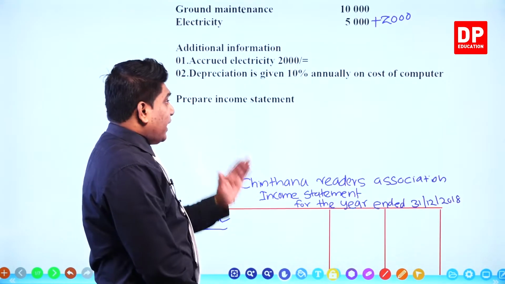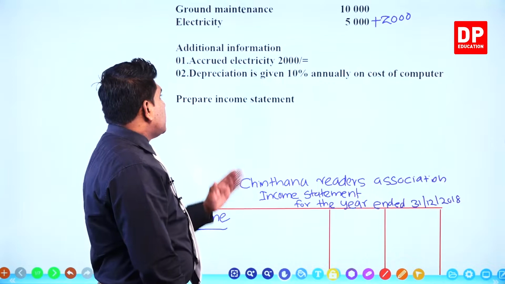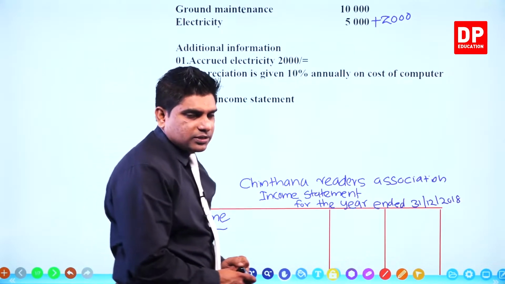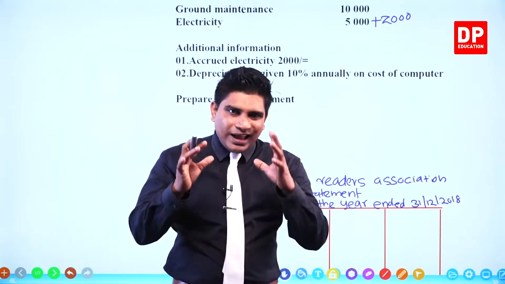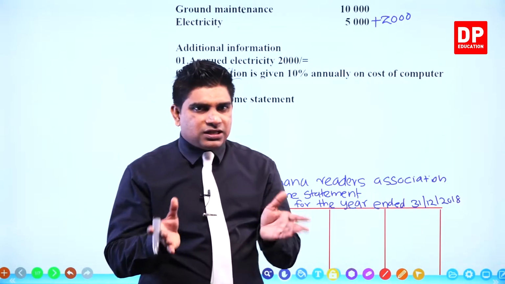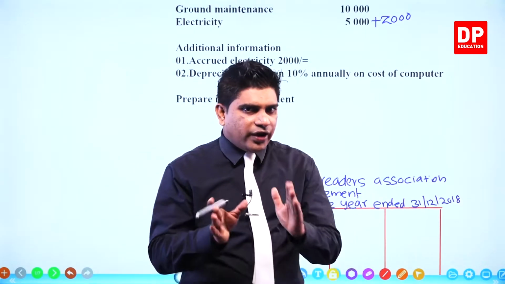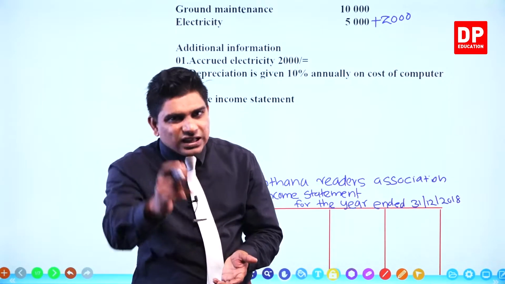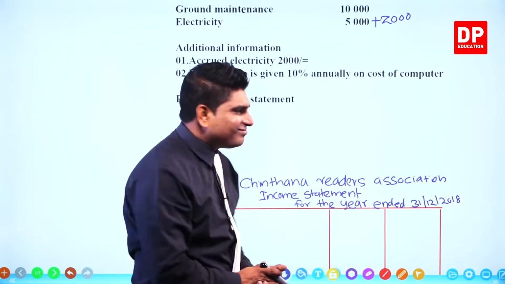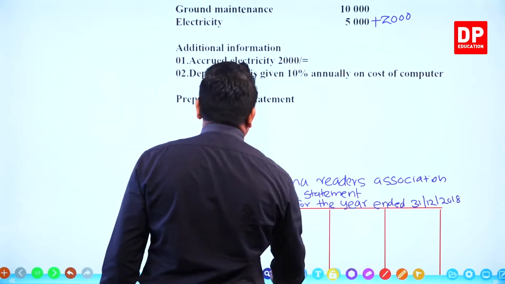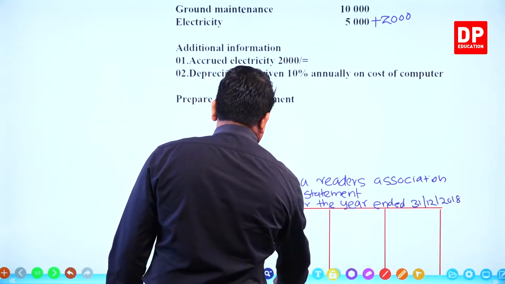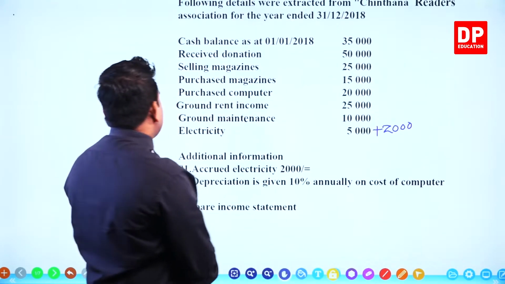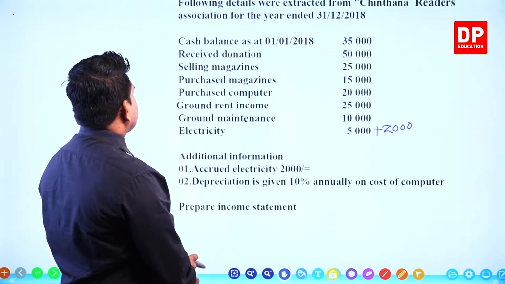Now you move to the second additional information. Depreciation is given 10% annually on cost of computer. To calculate depreciation, every time we consider the cost of the property. Here you find the cost of the computer. How much? You see the question.